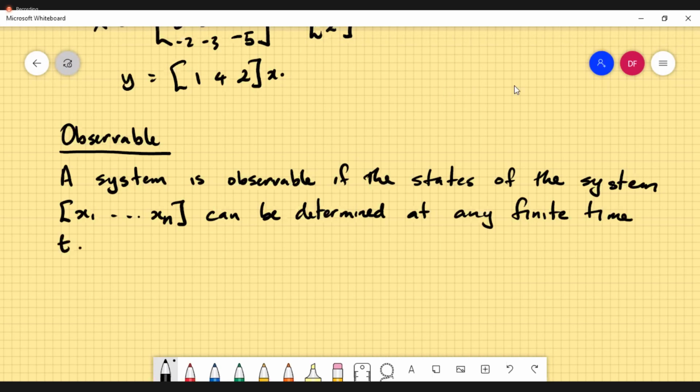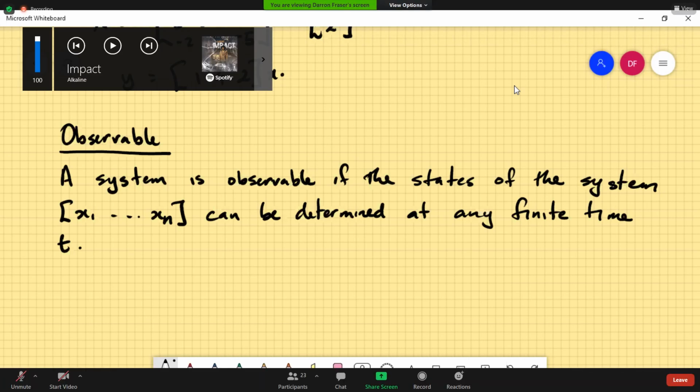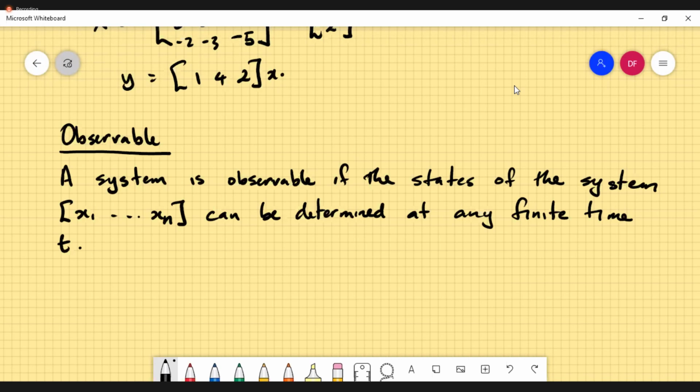A system is observable if the states of the system, so x1, x2, whatever the states of the system are, you can calculate or measure them at any given time t.